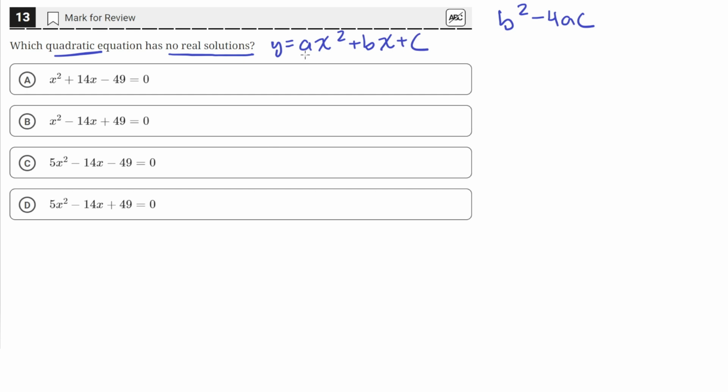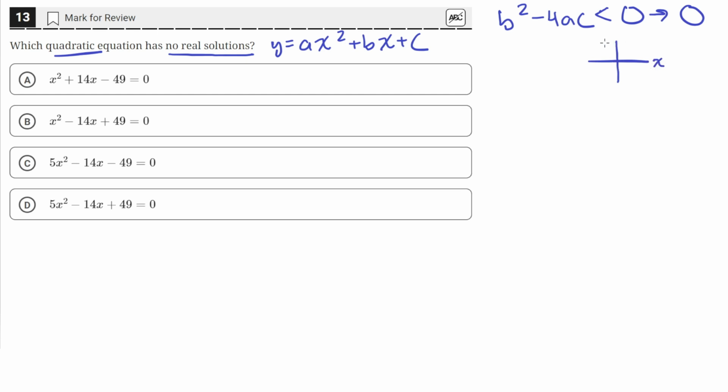So when you find the discriminant of a quadratic and the discriminant is less than 0, that means that the number of roots for that quadratic is equal to 0. And the roots are how many times the parabola on the xy plane crosses the x-axis.